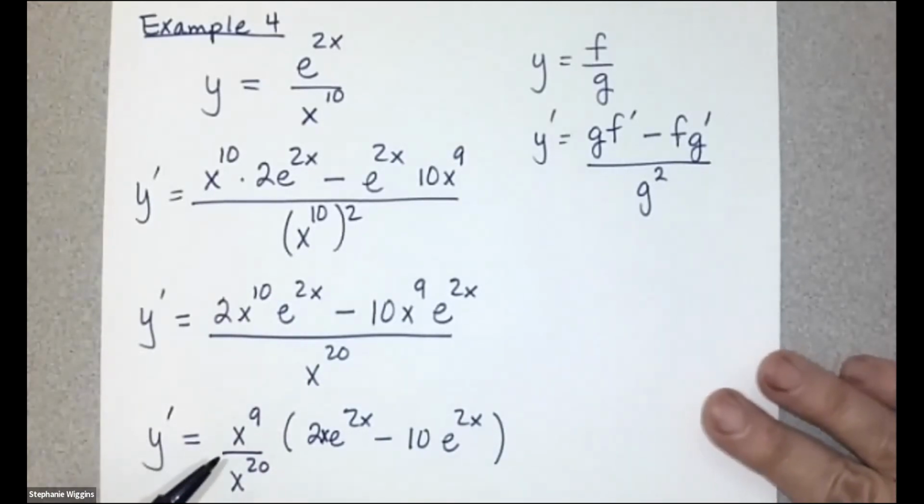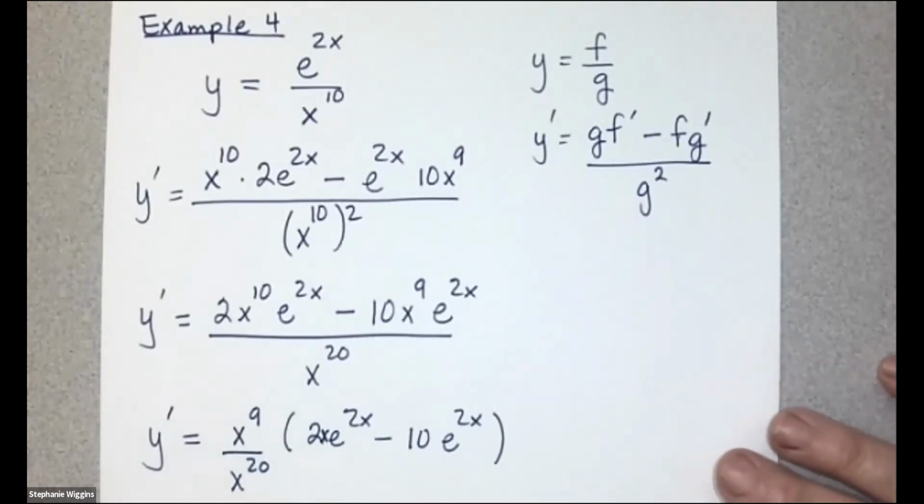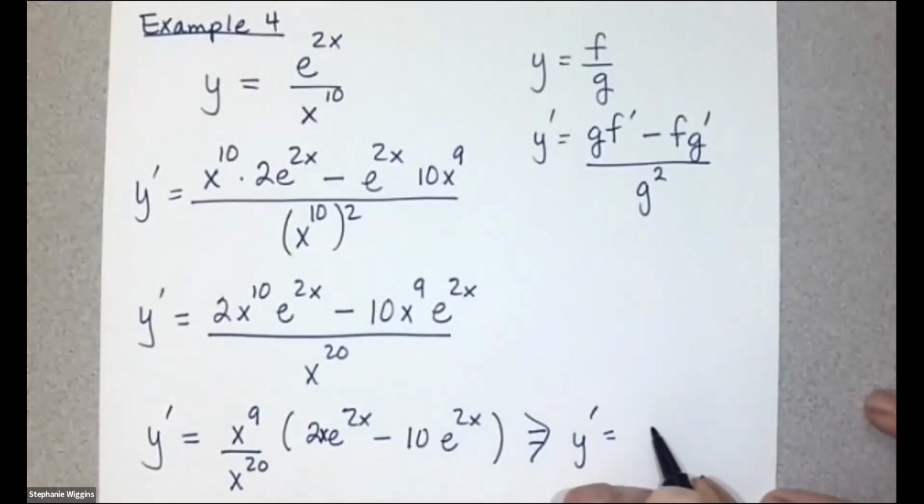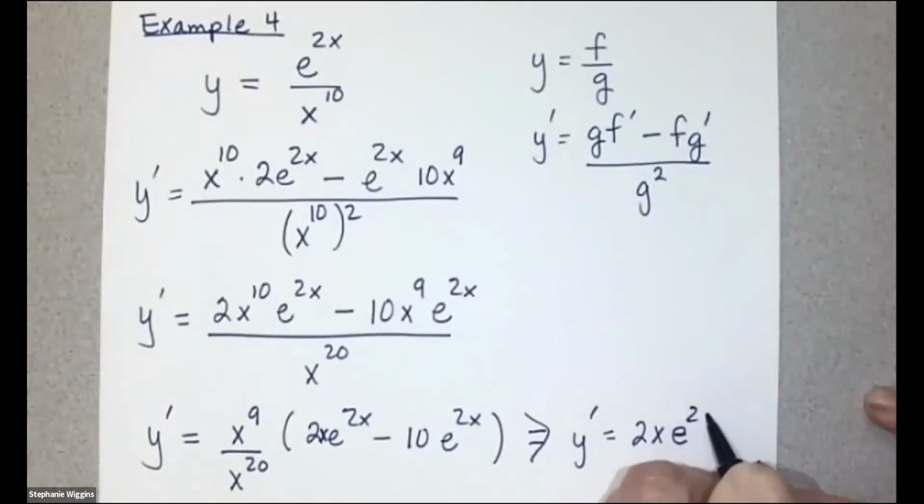Okay, now you can see I can simplify this here because I have 9 copies of x in the numerator and 20 in the denominator, so this is going to simplify as, let's see, 2e to the 2x minus 10e to the 2x over x to the 11th.